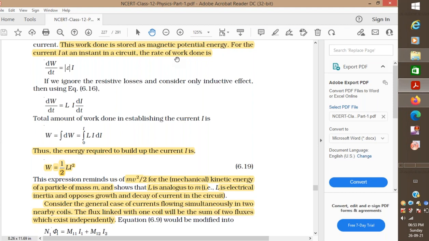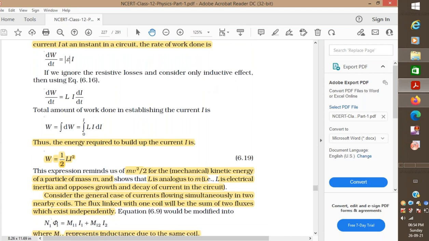When there is an inductor, there will be magnetic energy stored, and that energy is coming from the work done by the source itself. The electrical source, which is flowing a current in the circuit, has to work against the back EMF to maintain the current in the circuit.